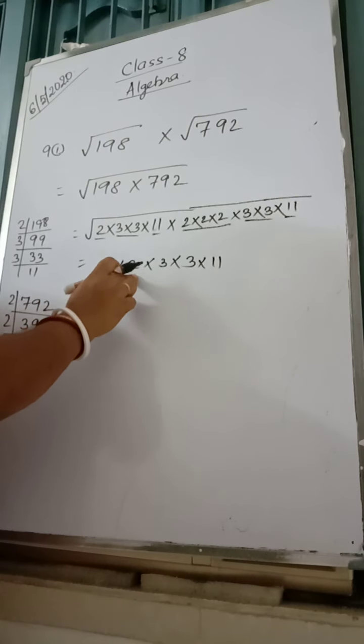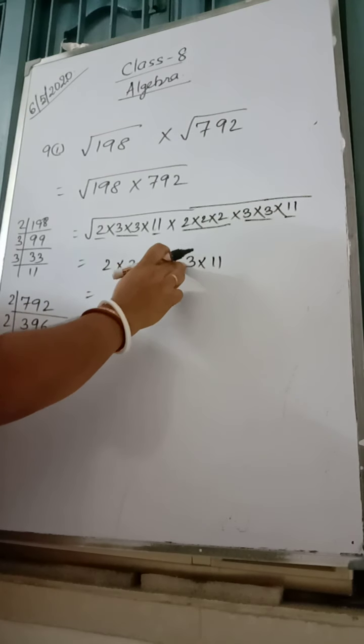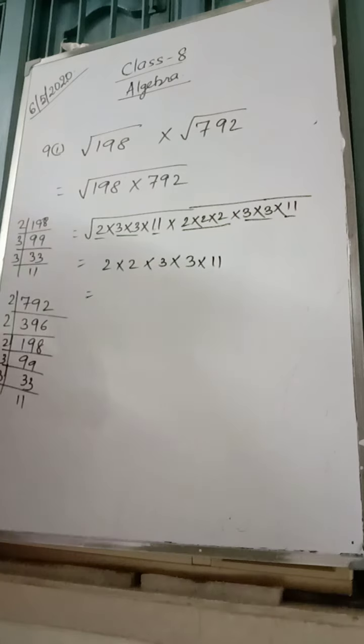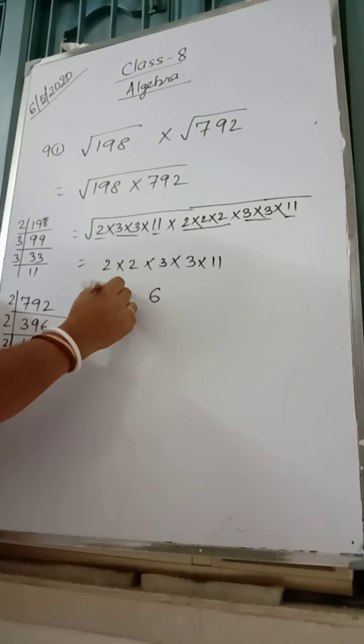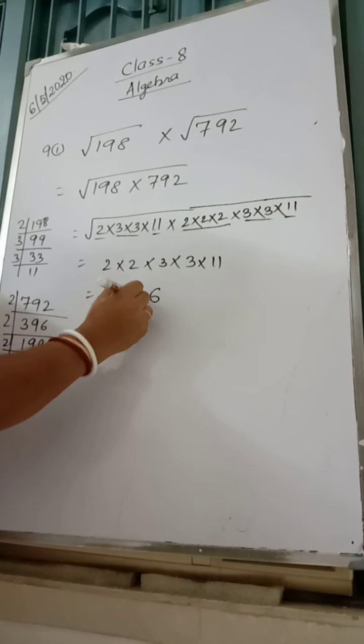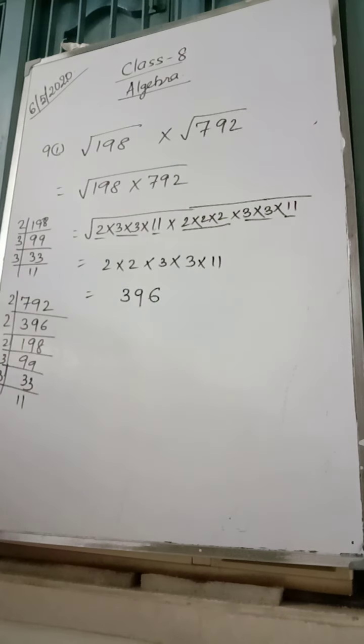So this gives you 2 2's are 4, 3's are 12, 3's are 36, 11's are 11, 6's are 66, 11 3's are 33, and 6 39. So the answer will be 396. Okay. In this way, we have to solve question number 9.